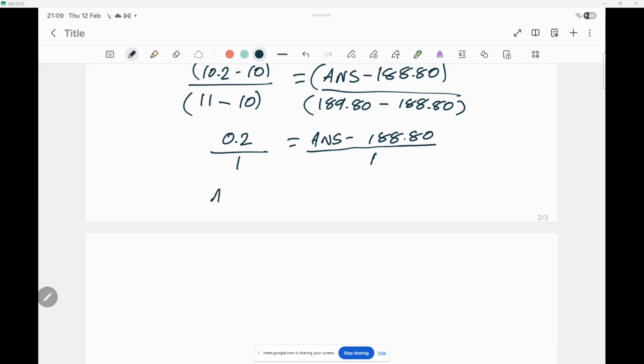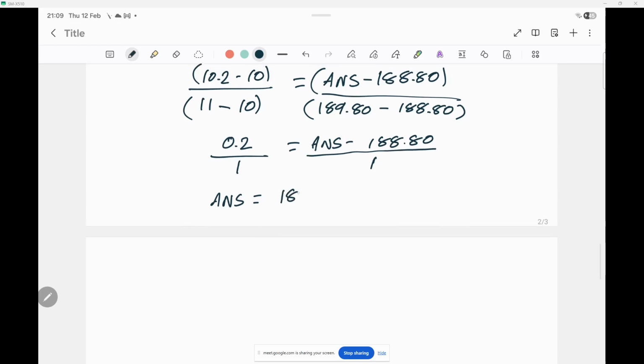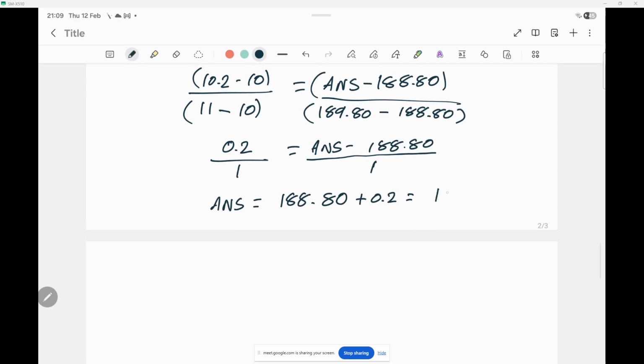So the answer is 188.80 plus 0.2, which is 189.